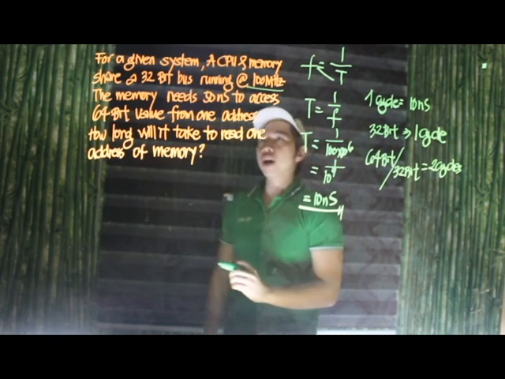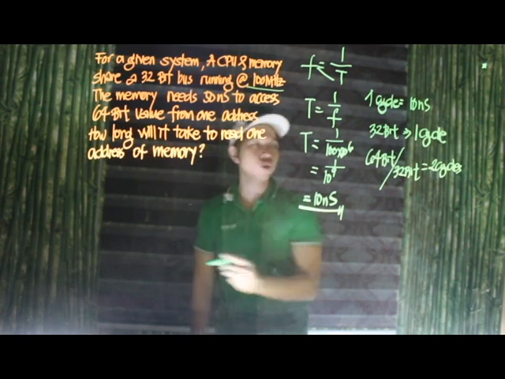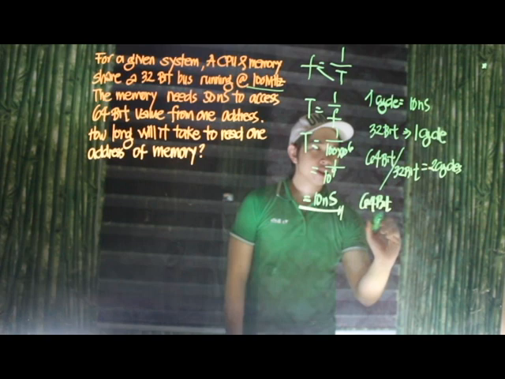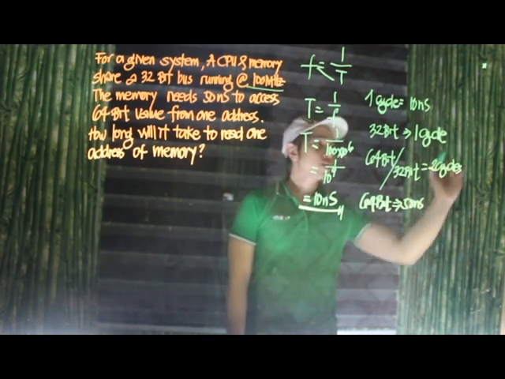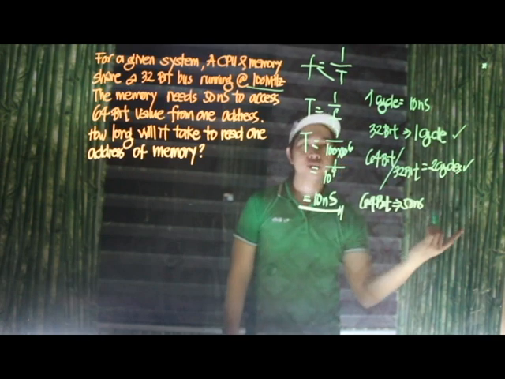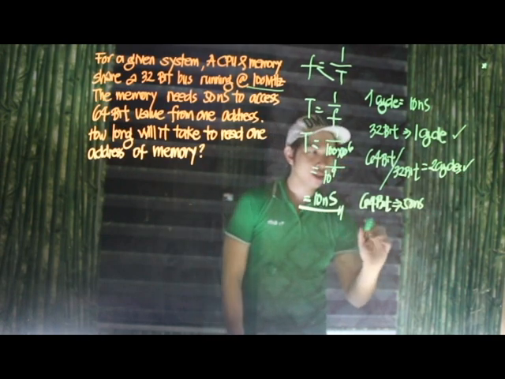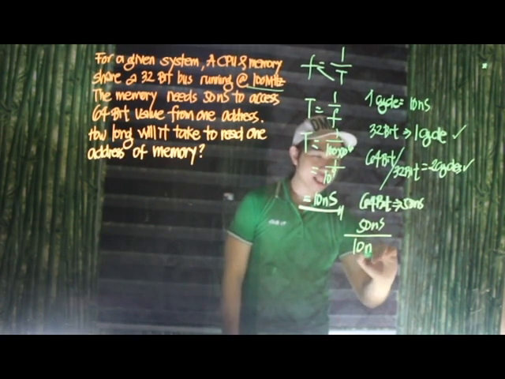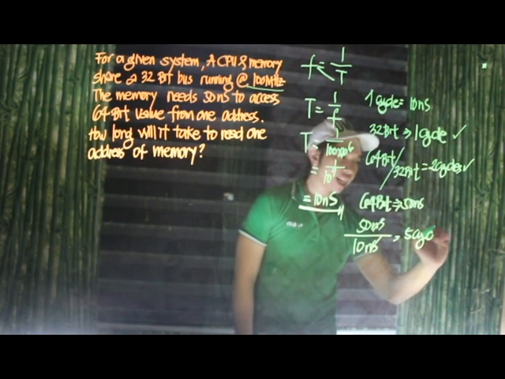According to the problem, it needs 50 nanoseconds to access the 64-bit value. So we have 1 cycle, 2 cycles, and for the 50 nanoseconds, we divide by 10 nanoseconds per cycle, so 50 nanoseconds over 10 nanoseconds gives us 5 cycles.